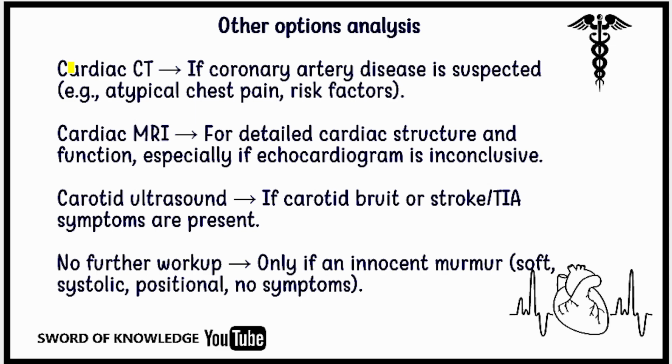Cardiac CT is not preferred here because it is used in coronary artery disease, like a patient presenting with atypical chest pain and having risk factors. It is basically used in coronary artery disease where we classify the calcification levels. Cardiac MRI is used for detailed cardiac structures and function, especially if the echocardiogram is inconclusive.